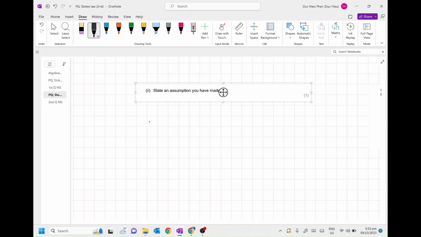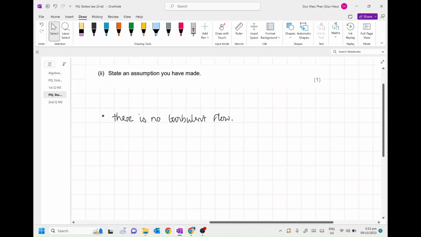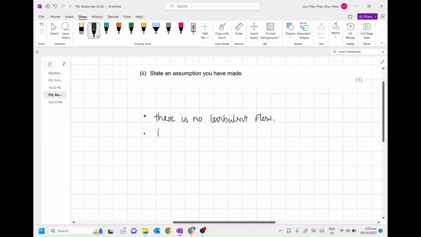And so an assumption that we've made is that there is no turbulent flow. Okay. And you can also say there is laminar flow and it's moving at terminal velocity. In general, just write that there. So laminar flow and terminal velocity.